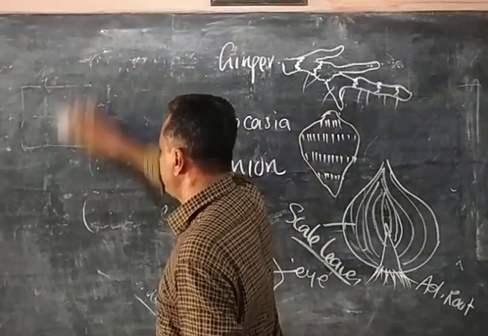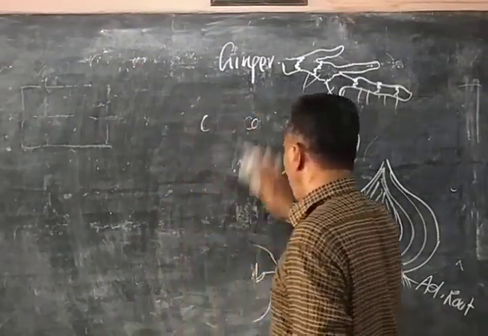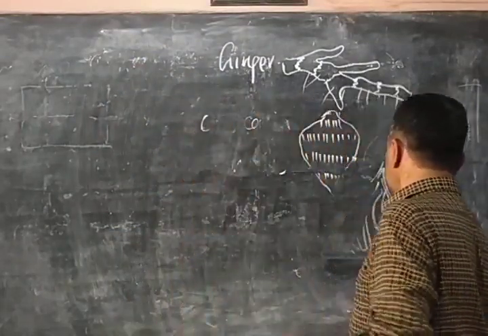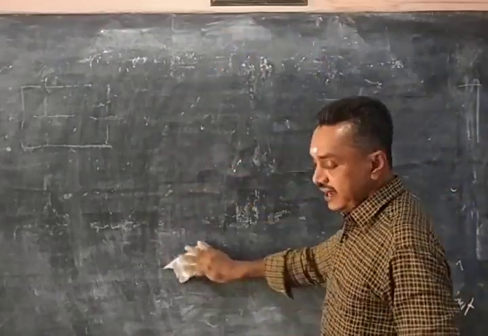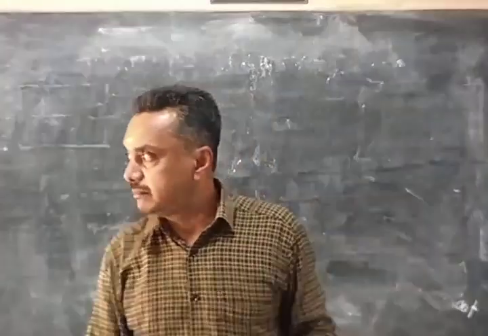Underground stem is modified into 4 categories. Then comes the second category, the subaerial stem.